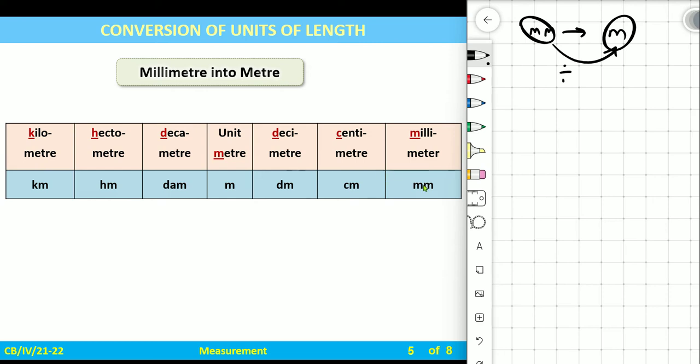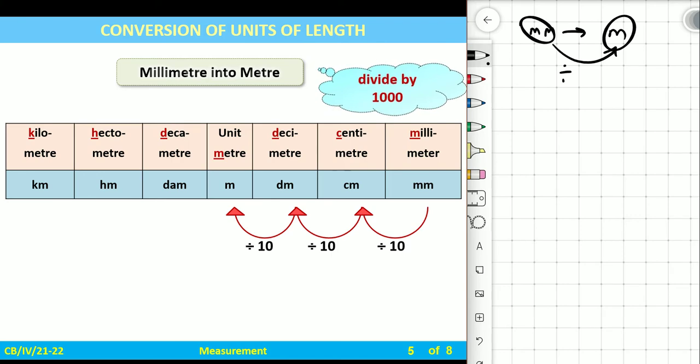It will be 1, 2 and 3. 3 steps we need for converting millimeter to meter. So we must divide by 1000. The formula that we have is 1000 millimeter is equal to 1 meter, or 1 meter is equal to 1000 millimeter.